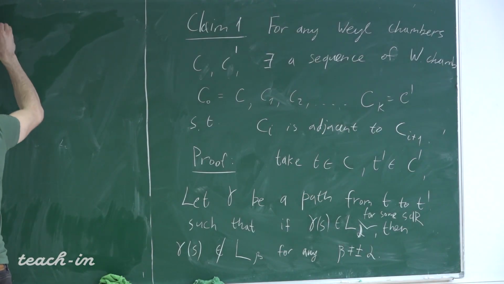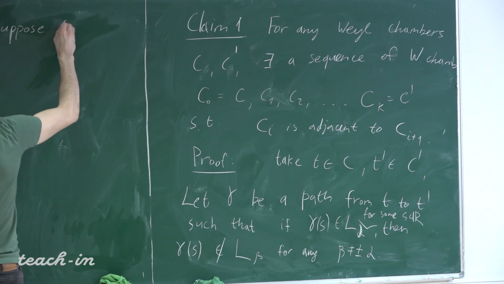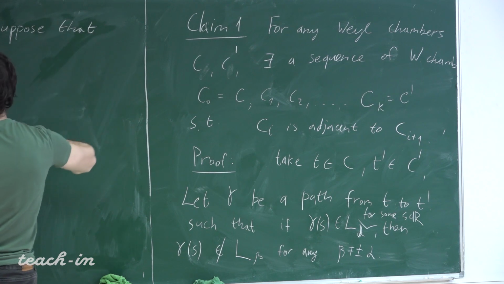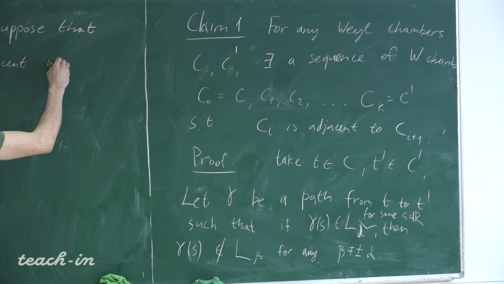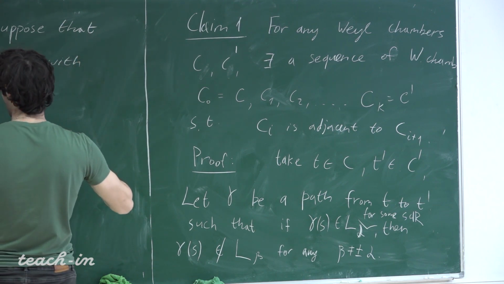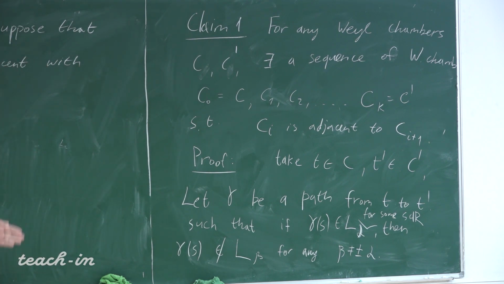Suppose that C and C prime are two Weyl chambers which are adjacent, and let us specify their common wall.